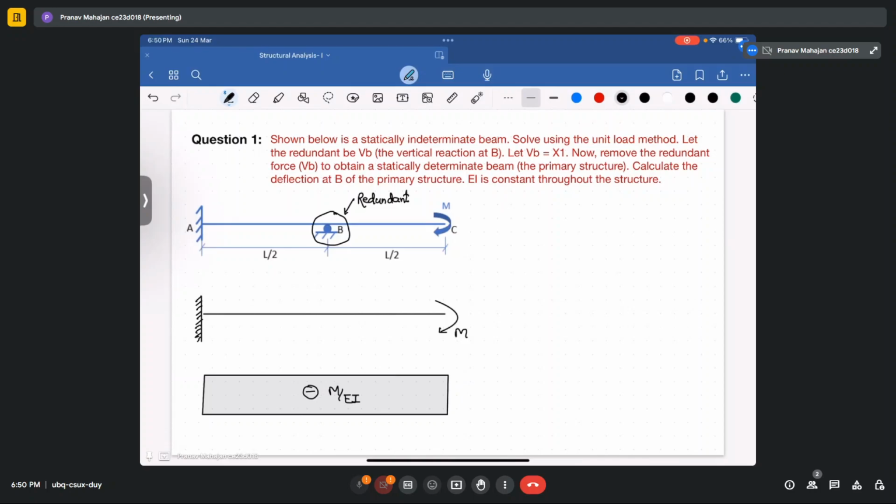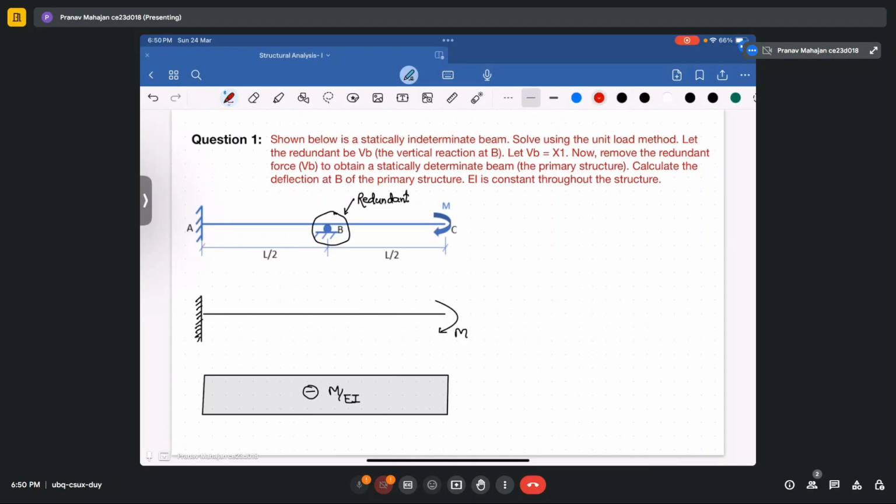So in the M upon EI diagram, if you are required to calculate the deflection of a beam, use the moment area method. What the moment area method says is that the moment with respect to that particular point of the structure will give you the deflection at that particular point with respect to the other end.